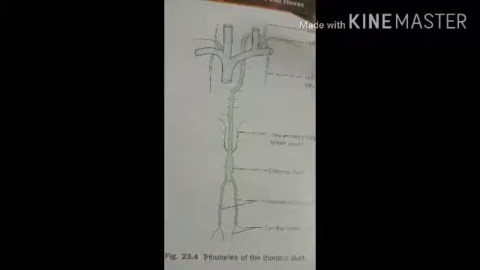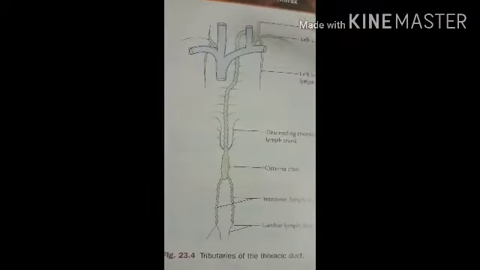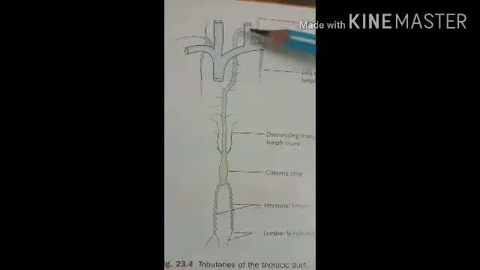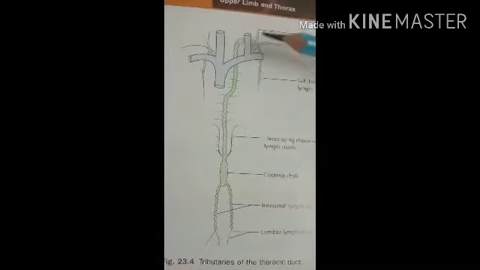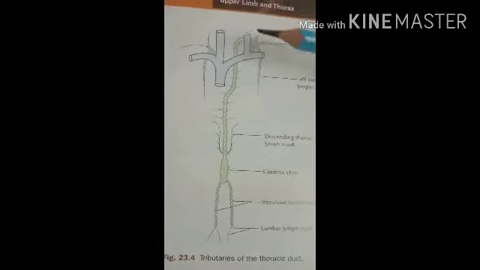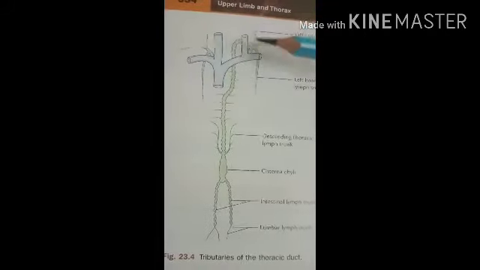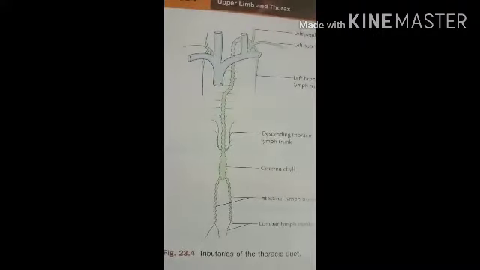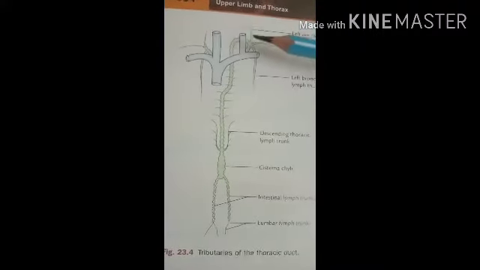Then the next clinical point, the cervical part of the thoracic duct. It may be damaged during block dissection of the neck, and it should be ligated immediately.